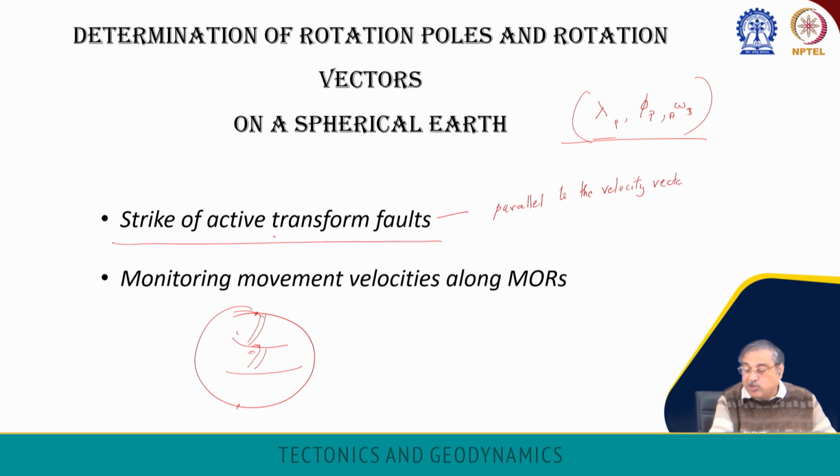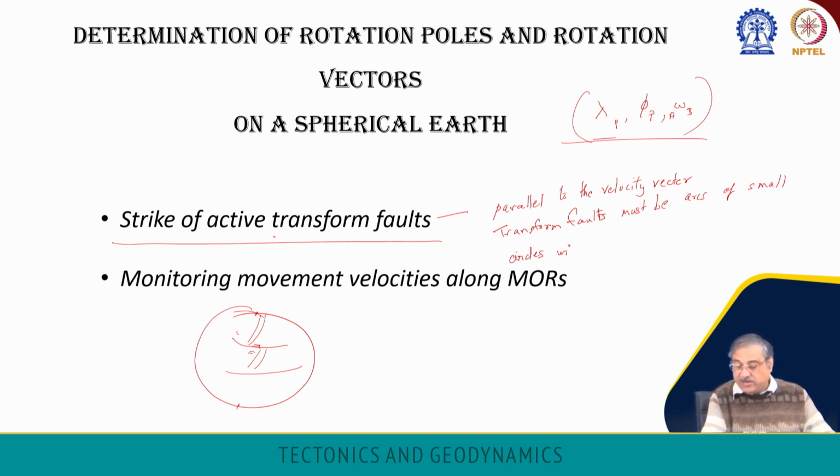And if it is parallel to the velocity vector on a spherical earth, transform faults must be arcs of small circles with respect to the Euler pole.